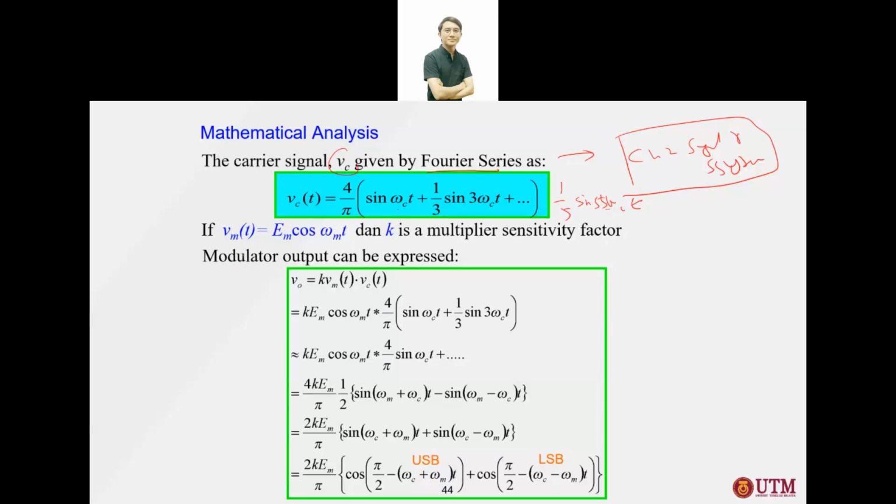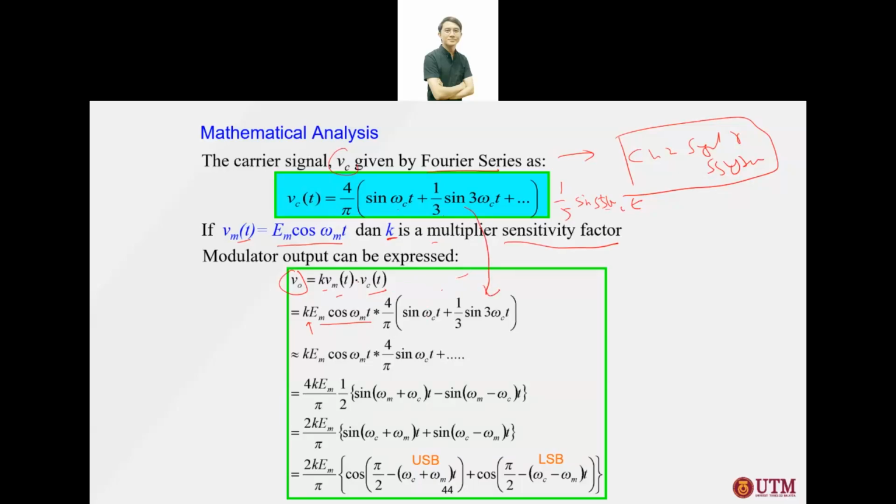If Vm(t) equals Em cos omega m t and k is the multiplier sensitivity factor, please highlight this. The modulator output can be expressed as V output equals k Vm times Vc. K is a constant, Em you just extend from your understanding, and Vc you take from here.